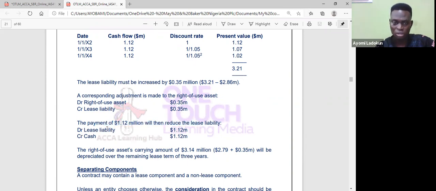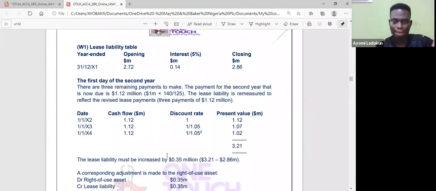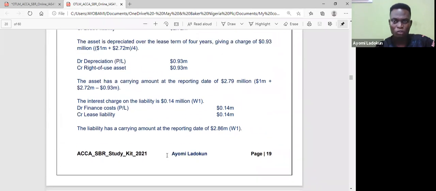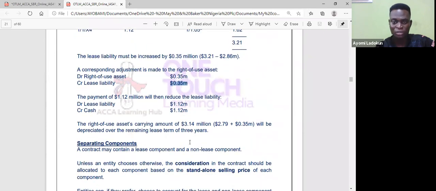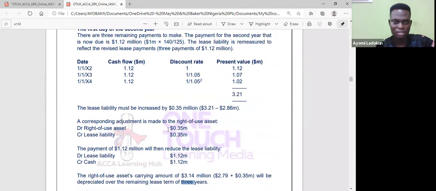So I debit lease liability and I credit cash. Then for my right-of-use asset, I will depreciate again. Remember that the current amount of my right-of-use asset is 2.79. Because of this corresponding entry that I posted there, it would have increased it by 0.35. So that's what you have here. You now depreciate it for the remaining 3 years. That is the end of that question.